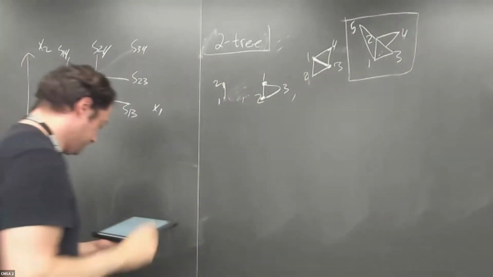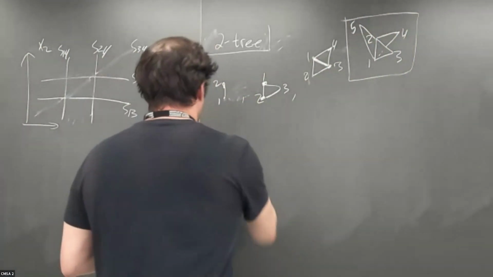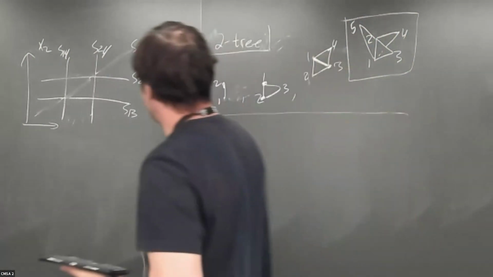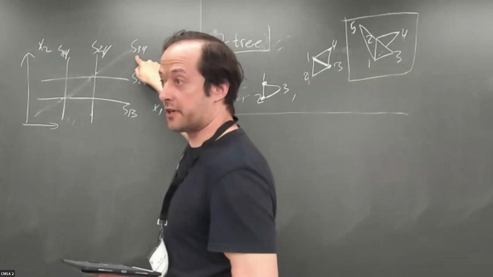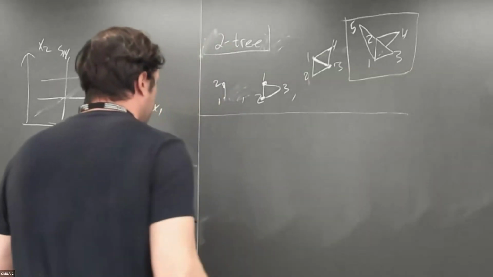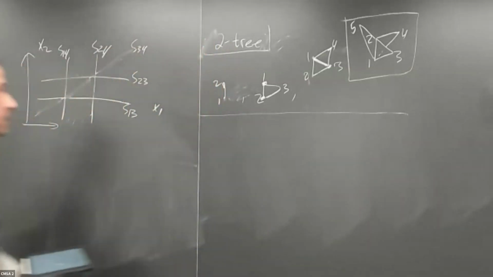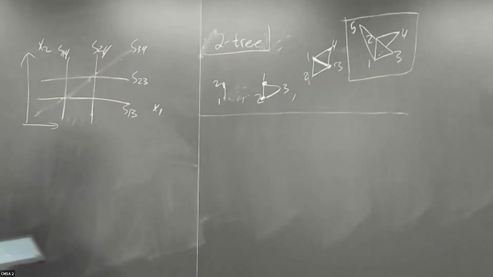So got it? Okay, so in this case, I want to produce a two-tree which corresponds to setting S34 to 0. What I'm going to do is produce a list of triangles.